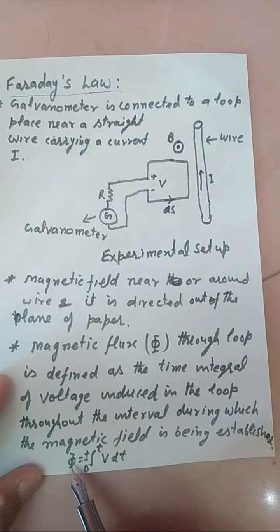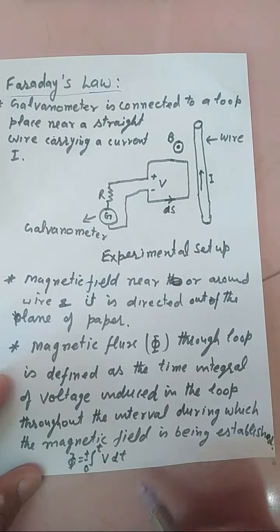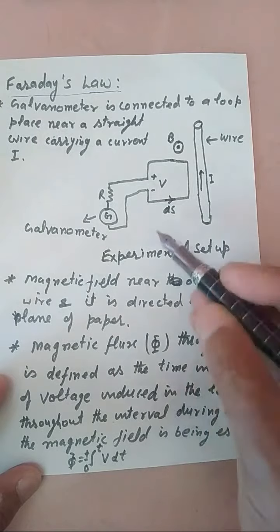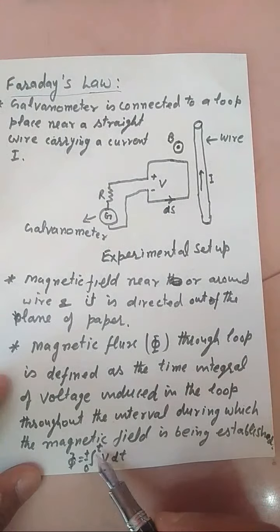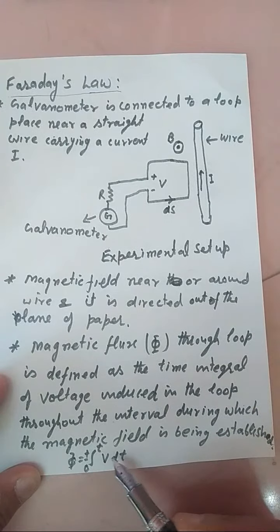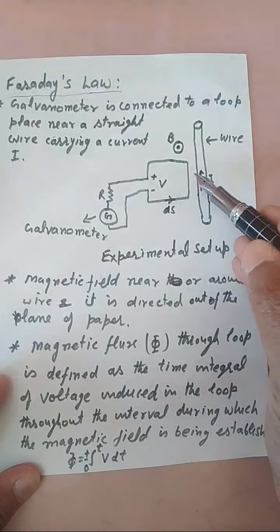This is flux phi, and here we take the limits 0 to t, and the integral of v dt. This is the time integral of the voltage induced in the loop throughout the interval during which the magnetic field is being established. So this 0 to t limit is required to establish the magnetic field in this loop.